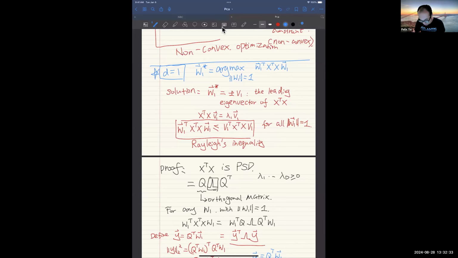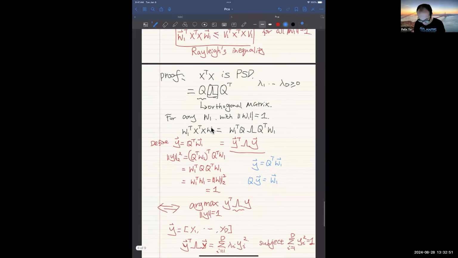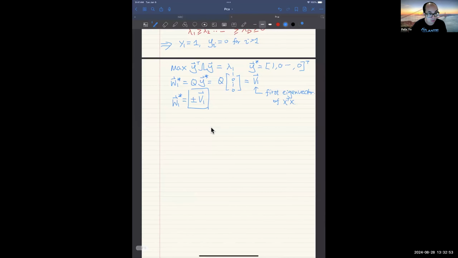When D equals 1, we don't need to consider the orthogonal constraints, so everything is significantly easier. But let's relate everything back to the singular values, and we will come back to this a little bit later.